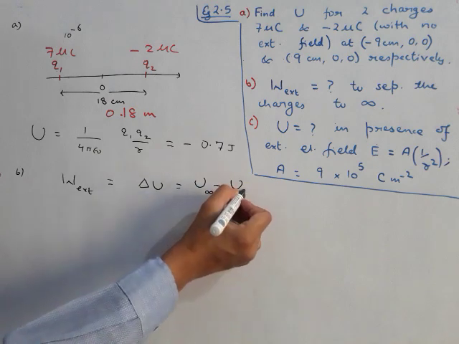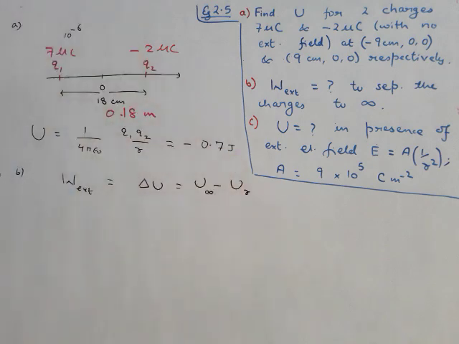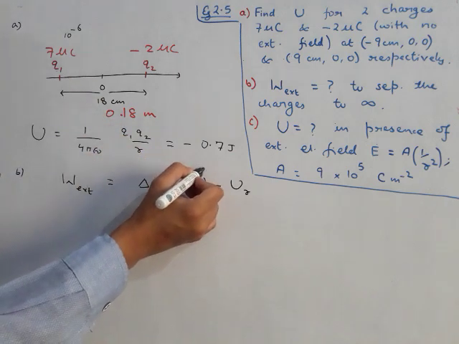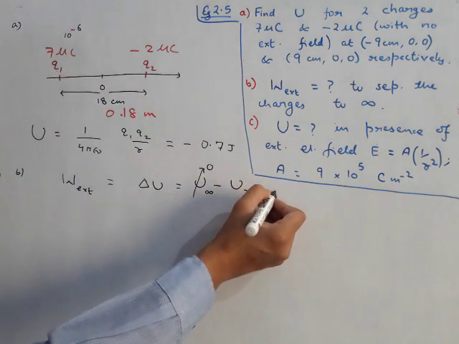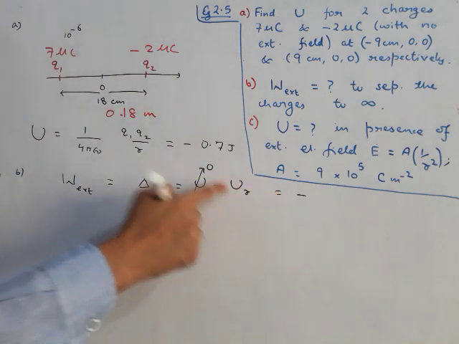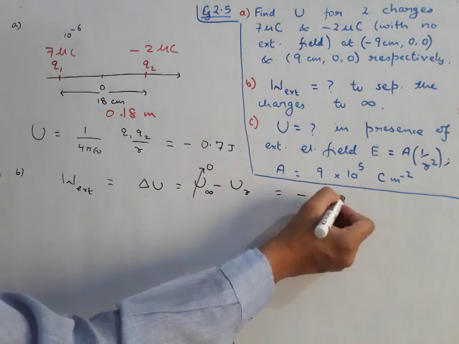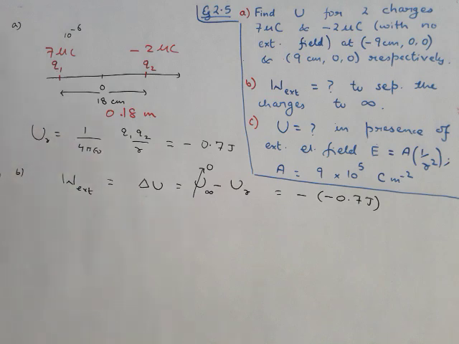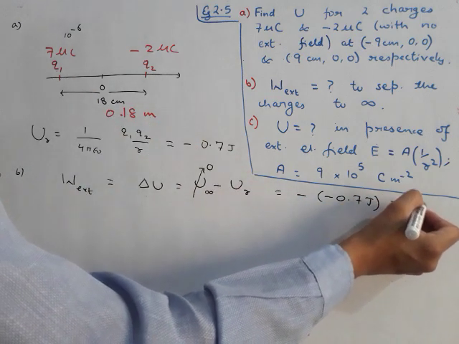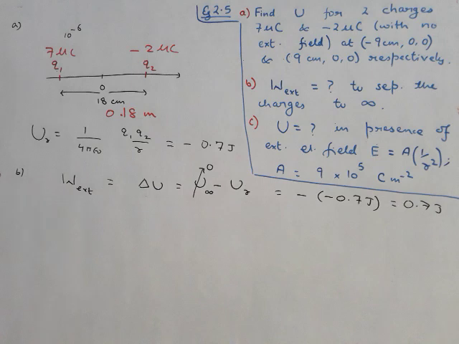Initially they were separated by separation R, so I will use the symbol U infinity minus U(R). Now at infinite separation, potential energy is taken as 0. So the answer becomes minus of U(R). U(R) is minus 0.7 joules. So the answer becomes plus 0.7 joules. This much amount of energy you have to spend, this much work you have to do in separating these charges.